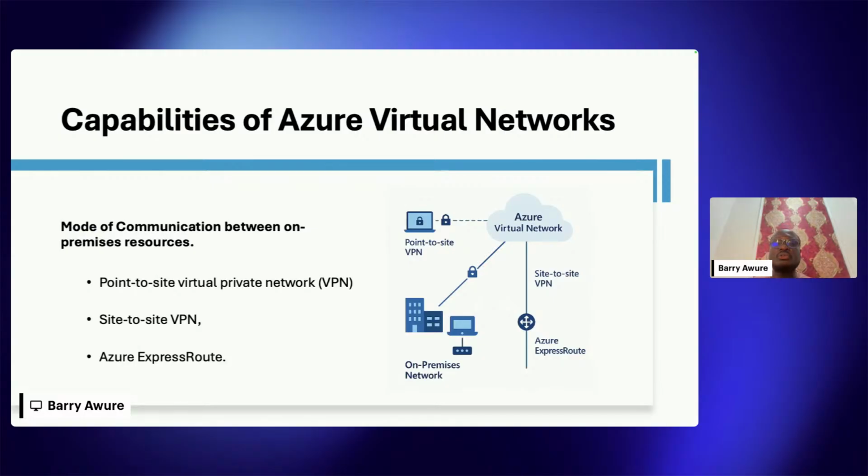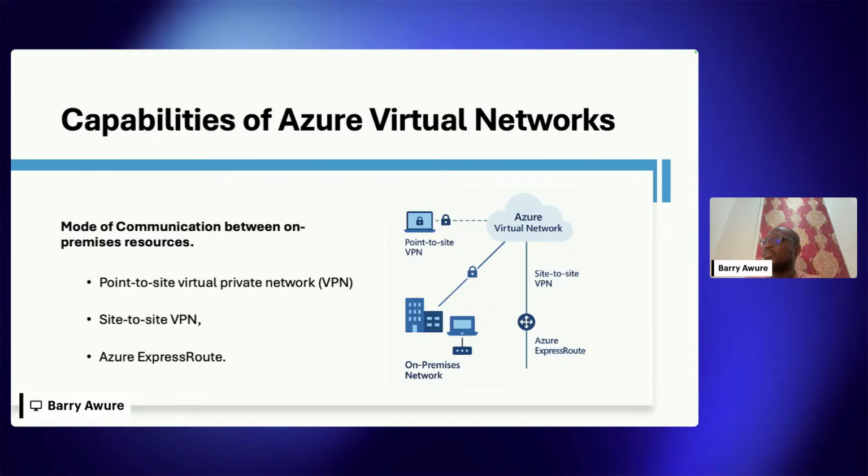You can have a situation where you have some resources on-prem and you have some resources in the cloud, and then you set up more or less a hybrid network between the two of them using these different resources, like your point-to-site VPN, your site-to-site VPN, and Azure ExpressRoute, to be able to establish that communication between your on-prem resource and your cloud resource, so that deploying resources in the cloud does not isolate you from consuming your resources that you have even on-prem.